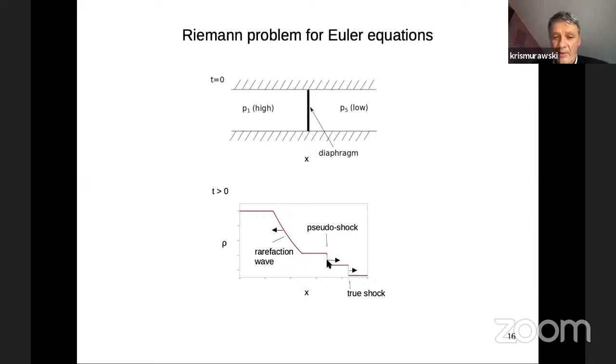And we have also something which looks like a shock, but actually it's a pseudo shock. We have a discontinuity in mass density, but it's not a true shock. The true shock is over here, because the other plasma quantities, like velocity and gas pressure, also experience discontinuities.